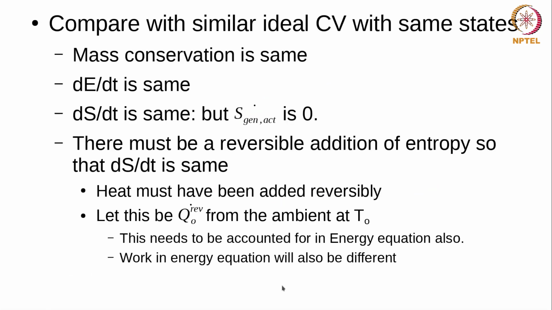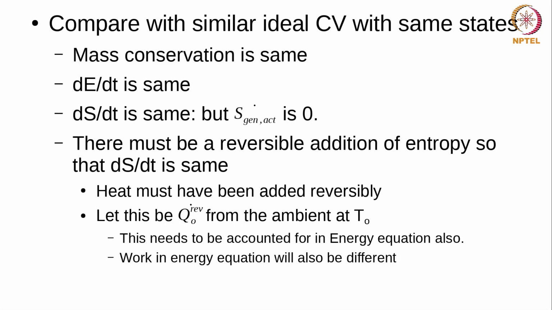What we are going to do is compare this control volume which we just saw with a similar ideal control volume which undergoes a reversible process between the same states. So let me just repeat that. We are looking at a similar control volume, but our new control volume is ideal, which means it undergoes fully reversible processes.